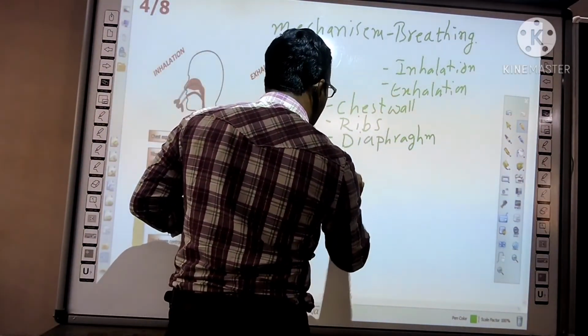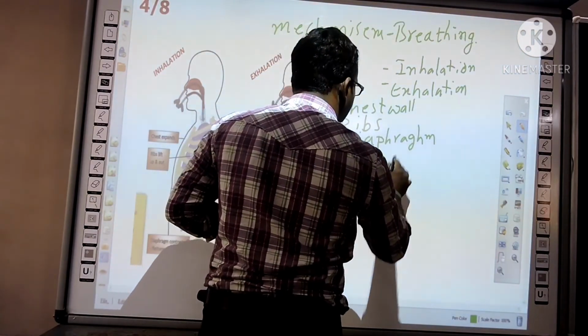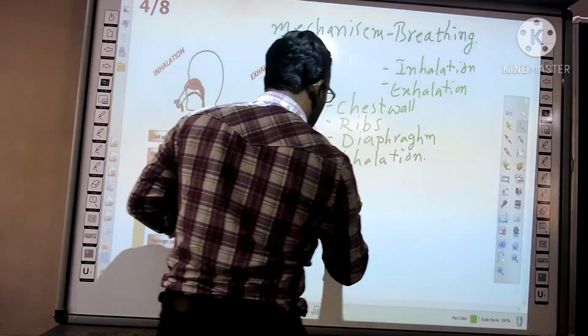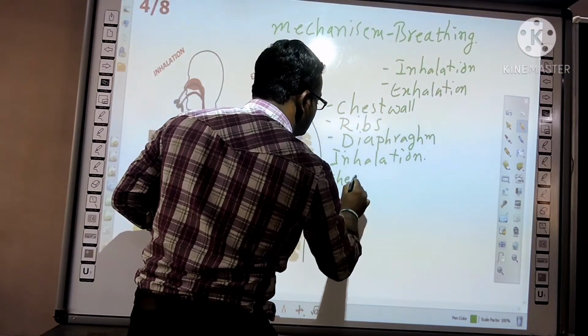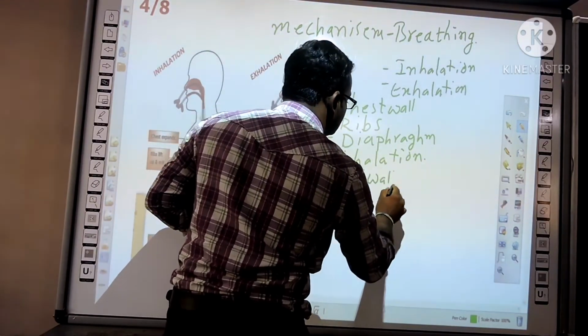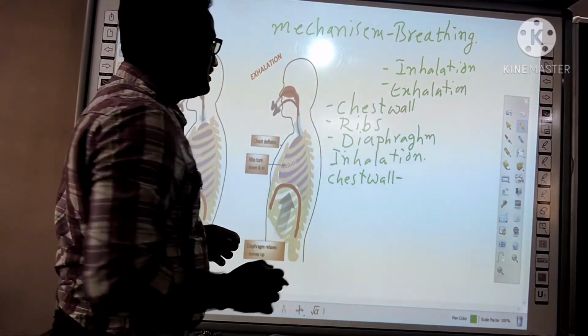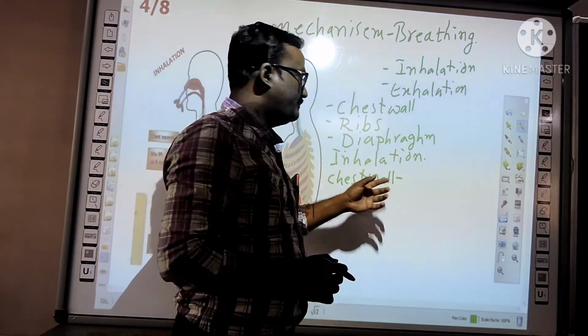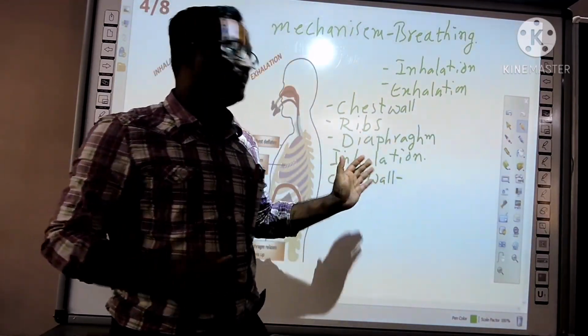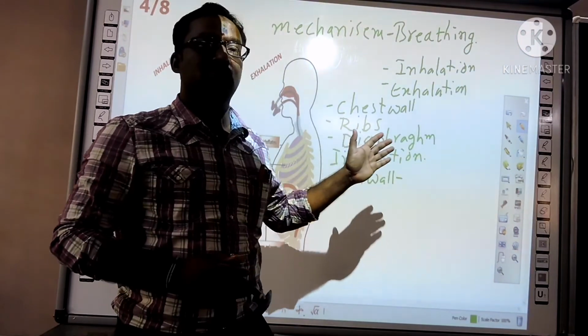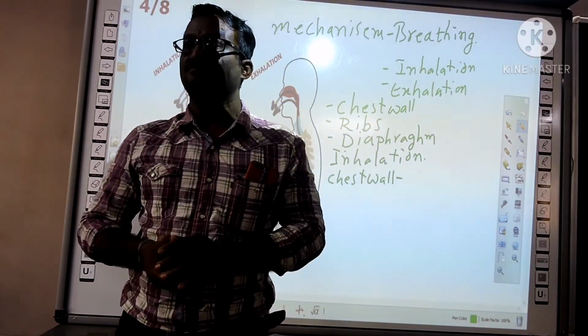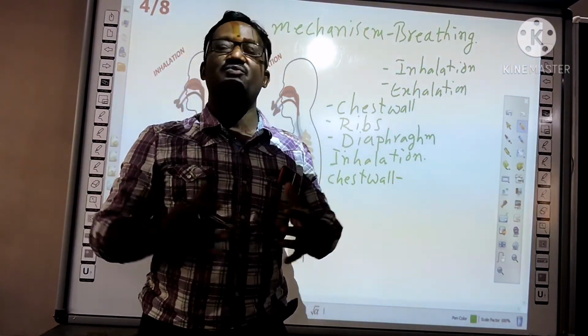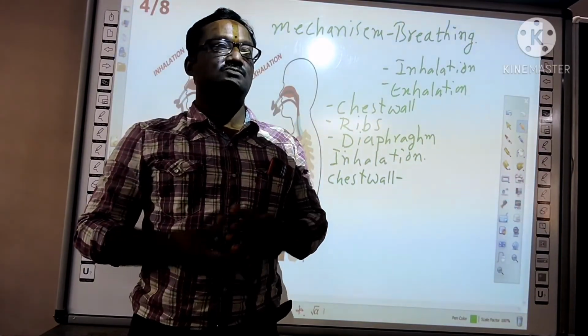So first of all, during inhalation, what happens to the chest wall and ribs? You breathe in. All of you breathe in once. What happens?